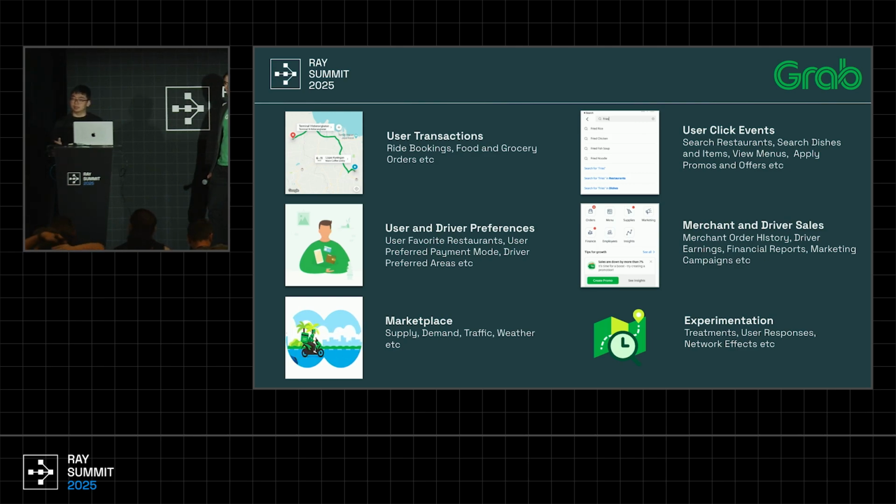That includes user responses to our new features, the impact of different treatments, as well as network effects on our marketplace. With such diverse and rich data, we have a good opportunity to truly understand our users and help us design and keep improving the services we offer.